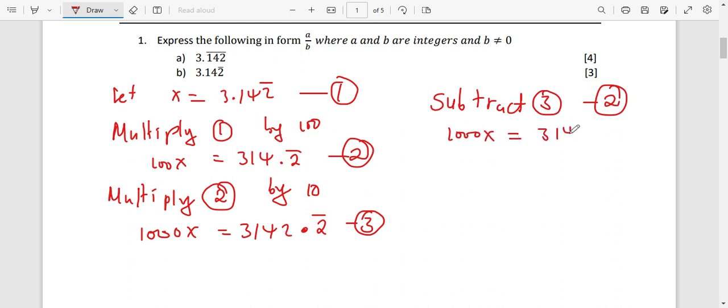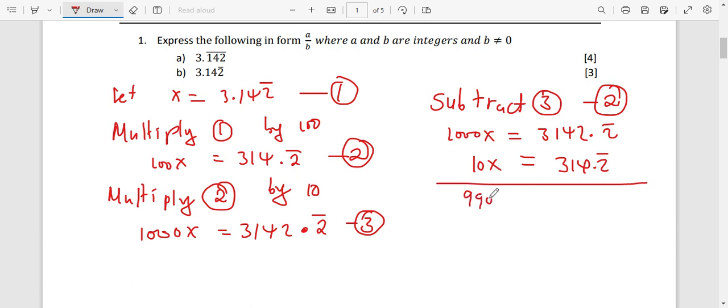So, you'd rather get the bigger one and then minus the smaller one. So, now 1000 minus 10, that is 990x, and that will be equal to the 2 after the decimal in both equations is going to cancel out.